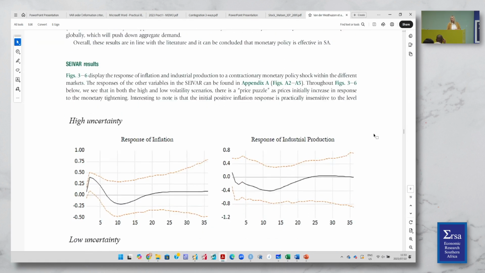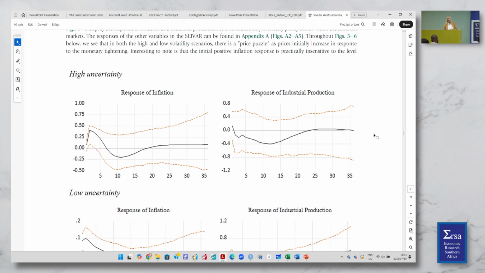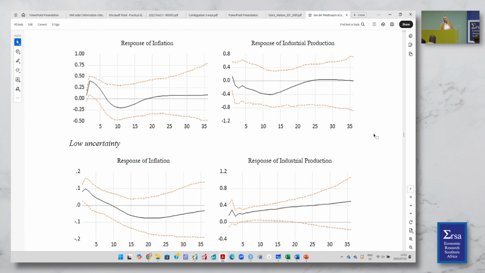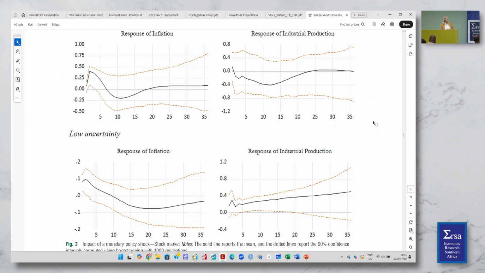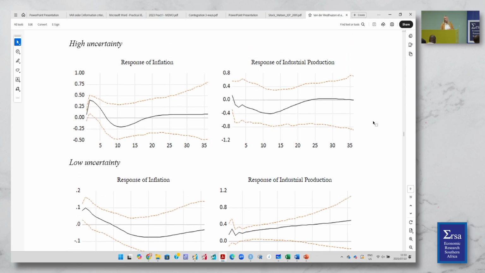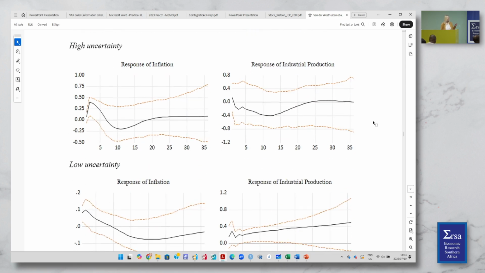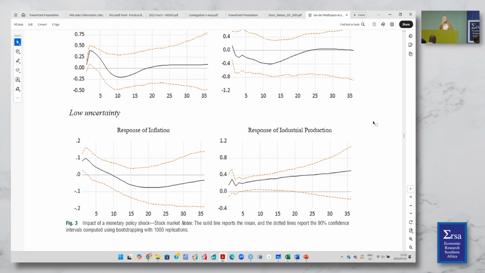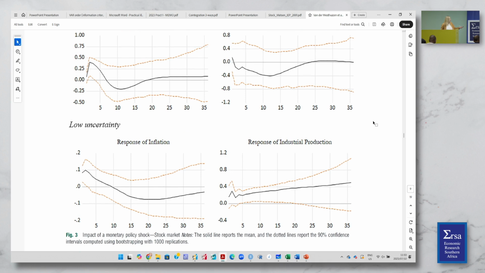But then if we look at different measures of uncertainty, in the literature that we follow, you interact the uncertainty with the policy rate, and we tried it for every form of uncertainty. This one is the uncertainty for the stock market. We can see each time in the high uncertainty scenario, it's almost that there's nothing significant.